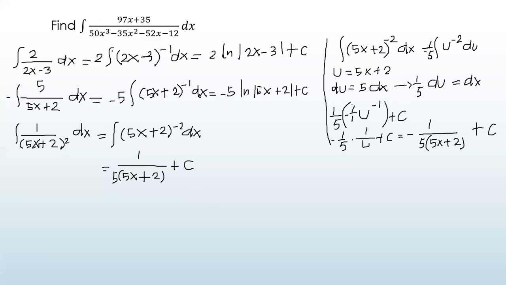You may factorize it to become 2x minus 3 times 5x plus 2 squared.